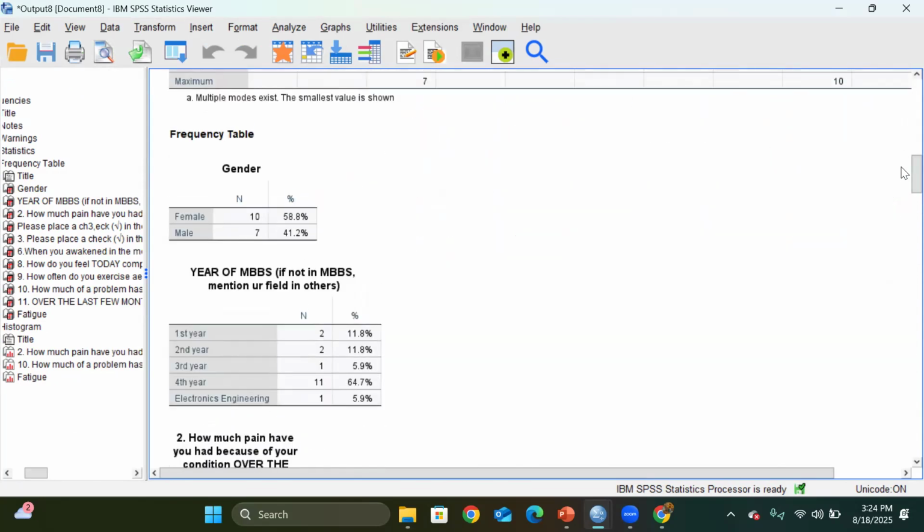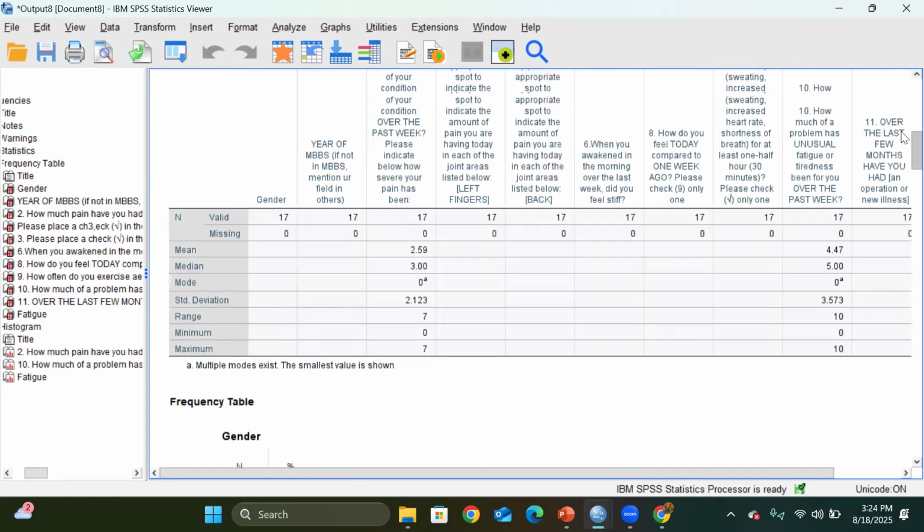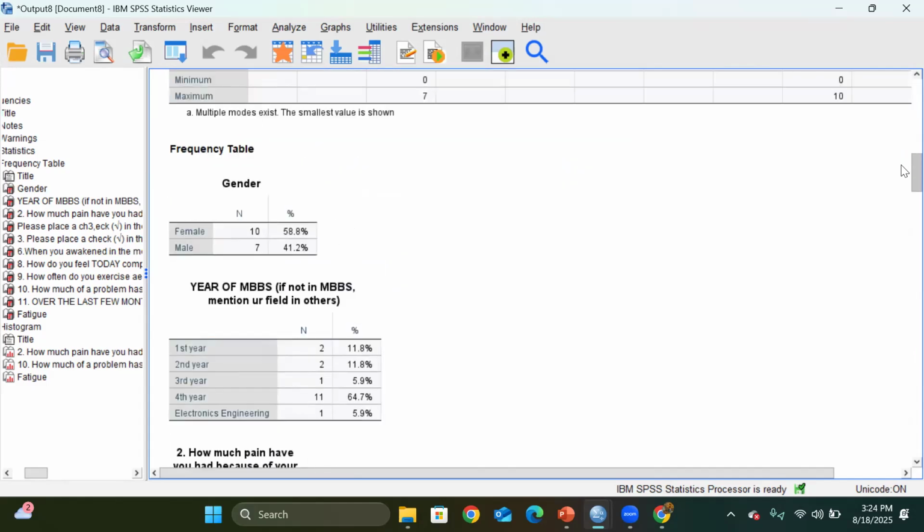It says that you had 58.8% females and 41.2% males. I will be describing this data first in my results section: we conducted a study and there were 58.8% females, n equal to 10, and 41.2% males, out of 17 total.